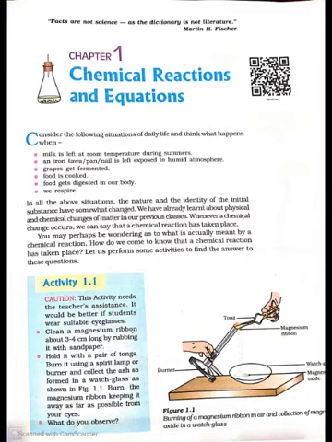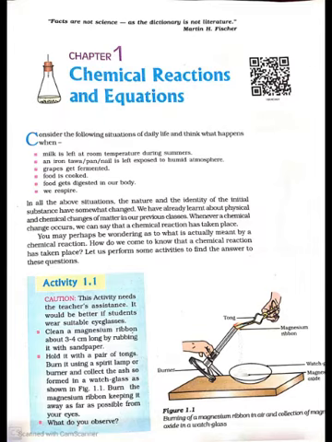After 20 minutes, take out the iron nail from the copper sulfate solution. Compare the intensity of the blue color of copper sulfate solution in test tubes A and B, figure 1.8. Also compare the color of the iron nails dipped in the copper sulfate solution with the one kept aside.